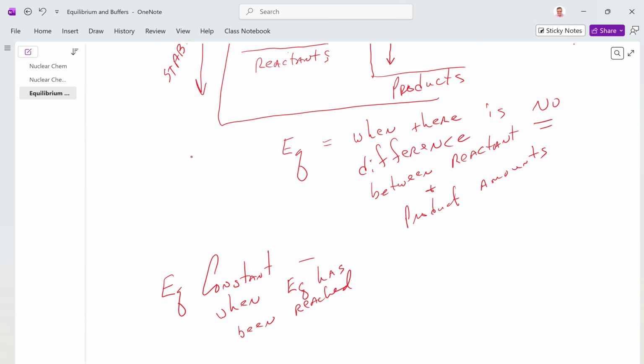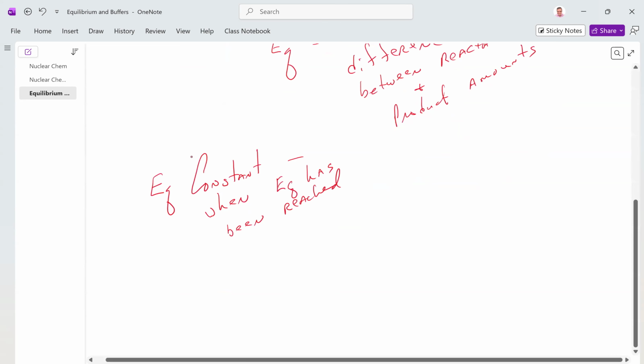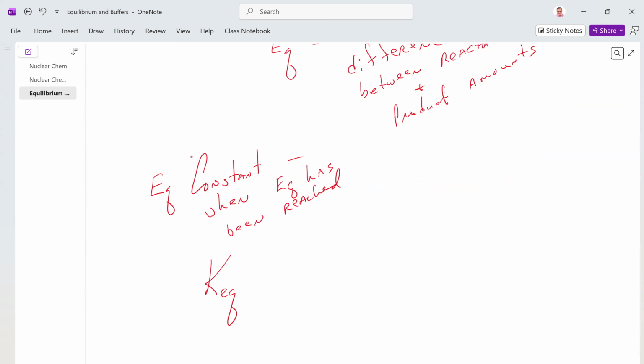Okay, when this happens, when the equilibrium has happened, we have something called an equilibrium constant. That is KEQ. Now, there's a lot of Ks in chemistry. There's Kas, Kbs, KEQs. And again, those are all equilibrium constants.